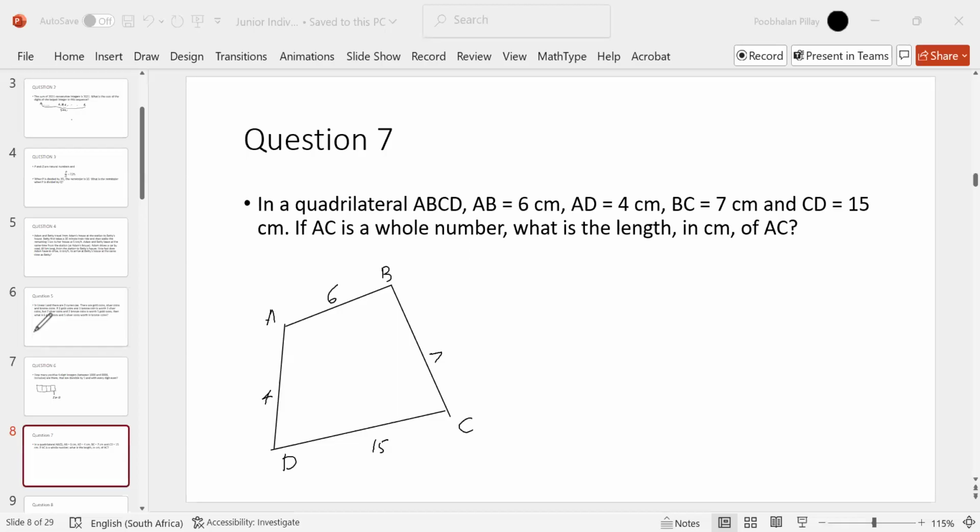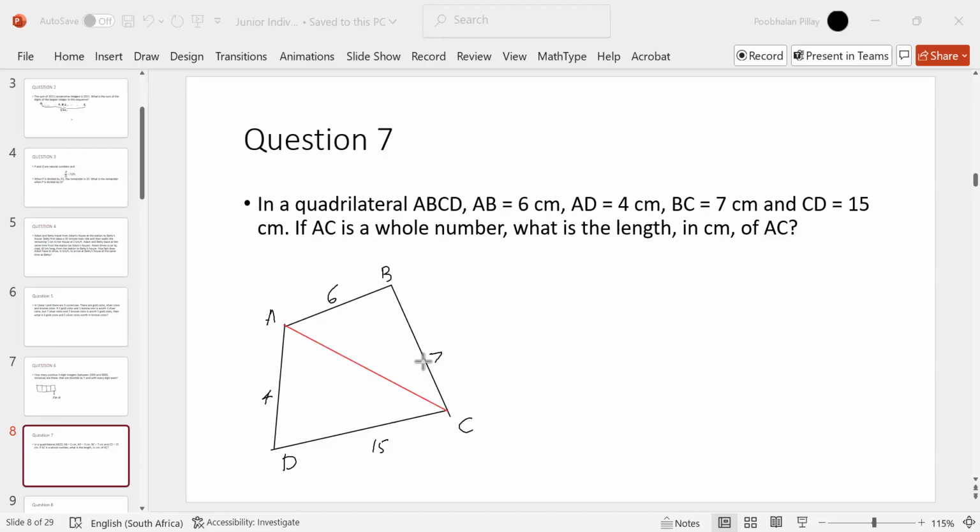So AC, that's AC. And the question is, we know it's a whole number. What is the length of AC?